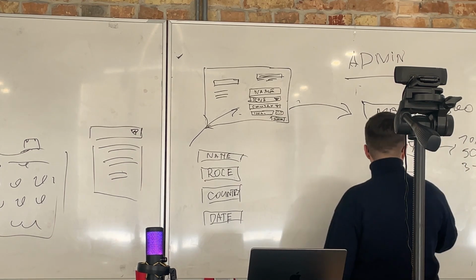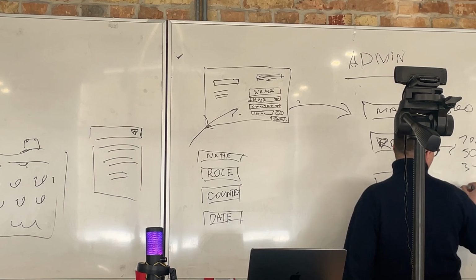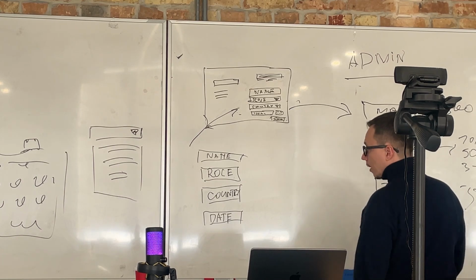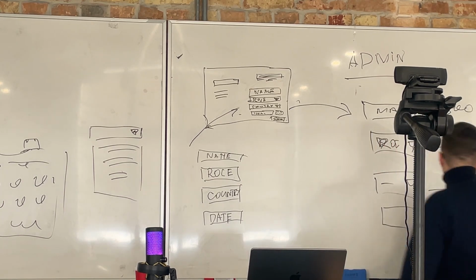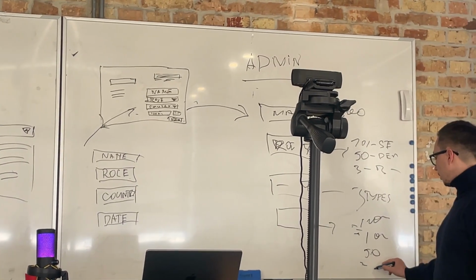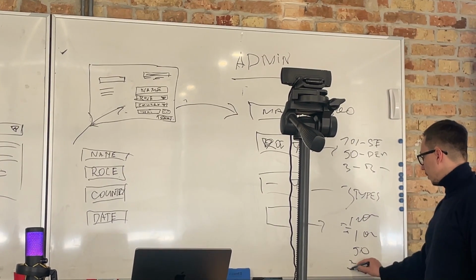We also have, let's say, 3 types of country, I don't know, Ukraine, United States, and so on. And date, where we have a range of days: 100 persons arrived on the 1st of March, and 50, let's say, on the second, and so on.